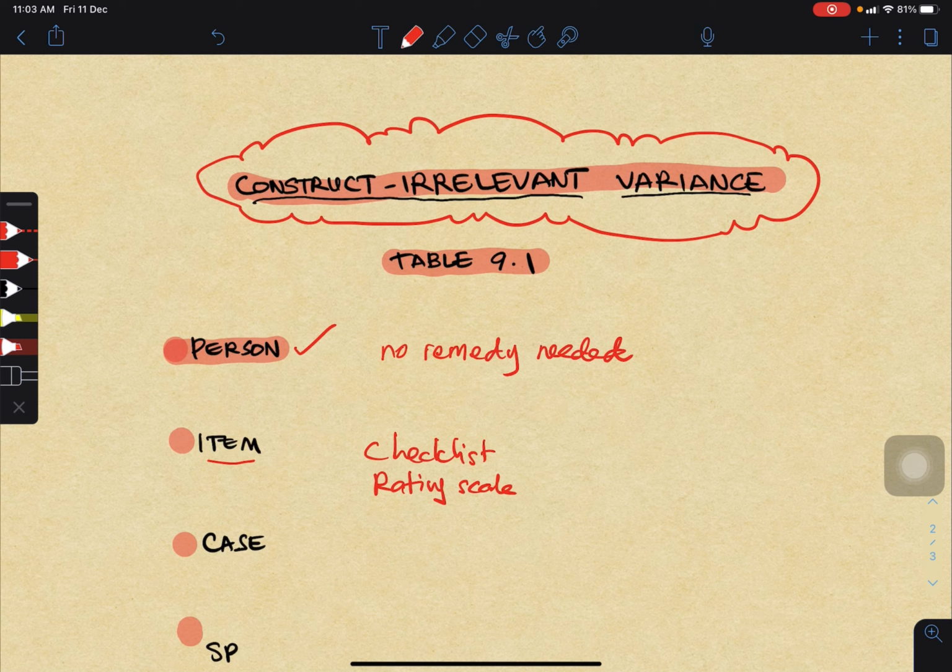Different raters will have different understandings of the item or the checklist, so they do not use the checklist or the rating scales equally or similarly from one rater to another. Things to overcome this include carefully wording the items, training, and so on. Please look at table 9.1.